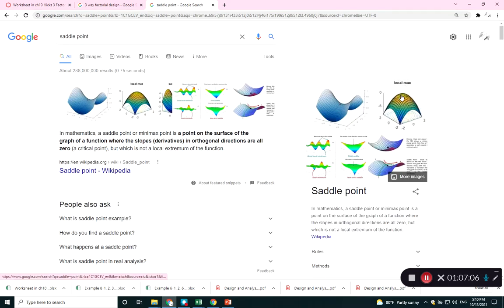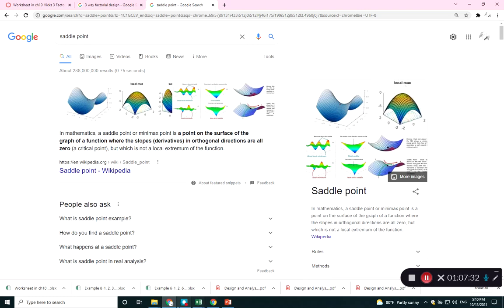Here, this is the pure quadratic effect, holding water or upside down. And the saddle point becomes what? Well, the middle is the tricky part. Depends on how you look at it. If you look at it from this way, this point is what? Minimum. But if you look at it from the other side, it is a maximum.